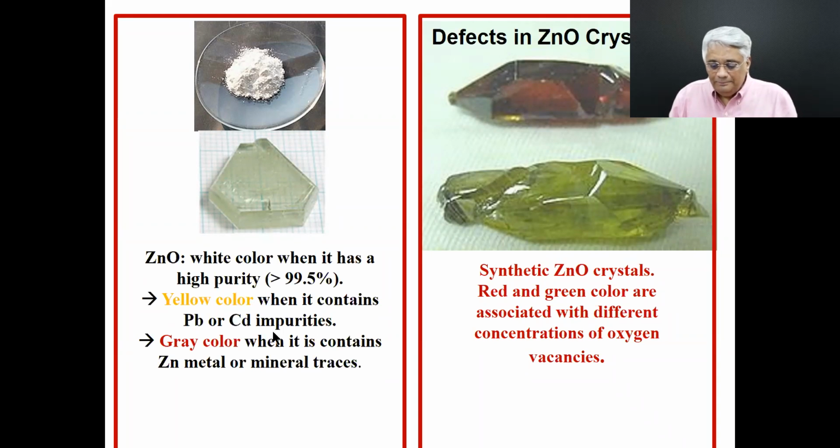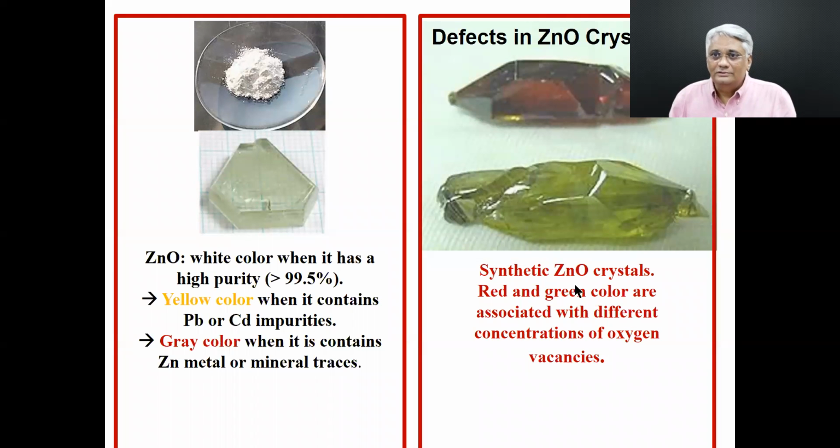So yellow color comes in when you have lead and cadmium impurities. Gray color when it contains zinc metal, excess zinc metal, or some minerals, defects or incorporations in the form of minerals. So these are synthetic zinc oxide crystals that are prepared in the lab.